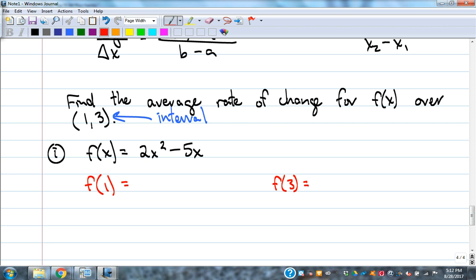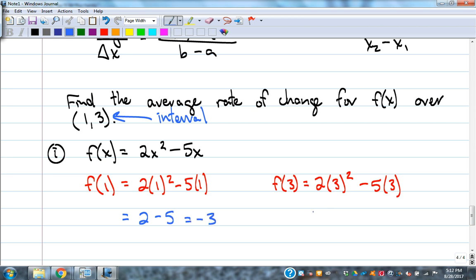Once we get two ordered pairs, the slope formula is easy, but you have to have two ordered pairs to do it. So we plug these in to x in that function. 2 times 1 squared minus 5 times 1. However you do that problem, I don't care if you use a calculator, that's fine. You paid $100 for it, might as well use the thing. So 2 minus 5, negative 3. And 18 minus 15, positive 3.